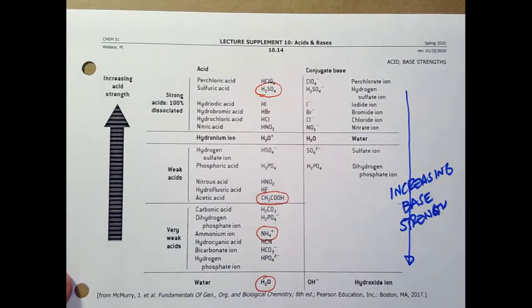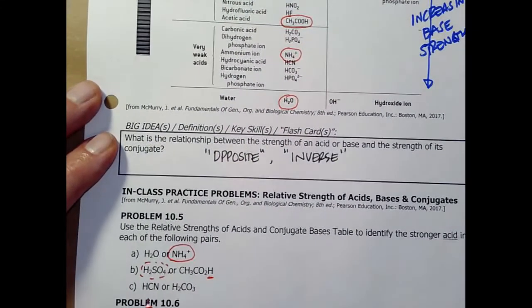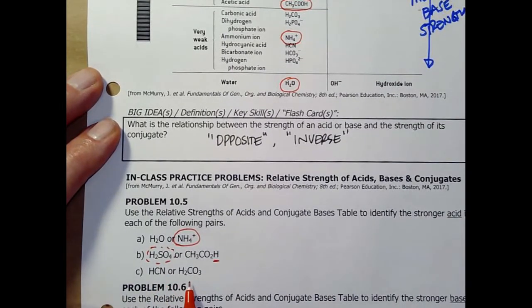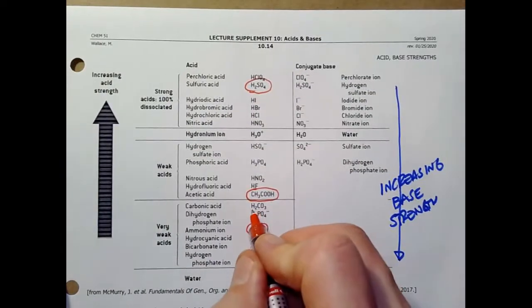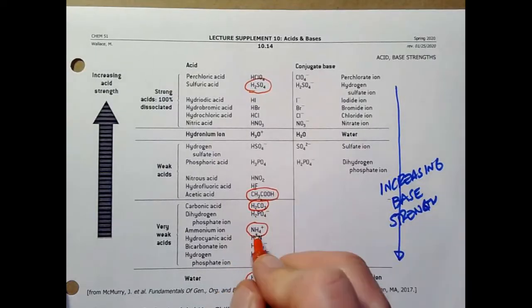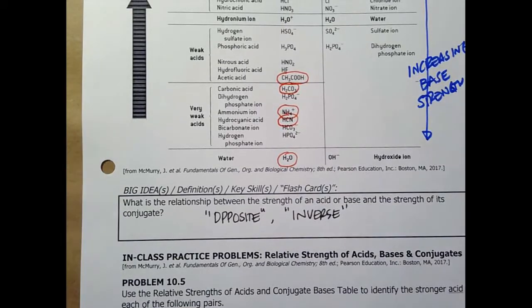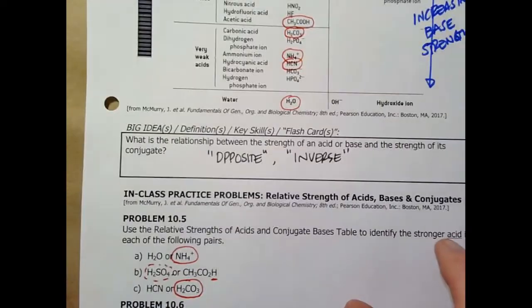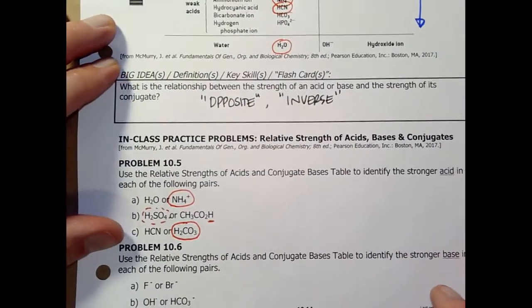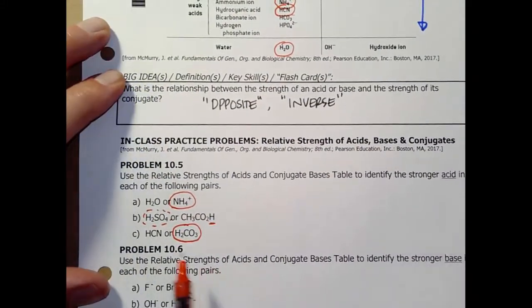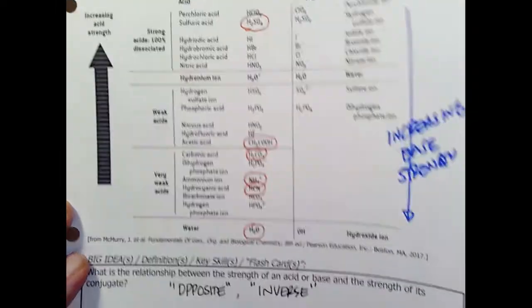There's our strong acid. HCN, H2CO3. Here's H2CO3, and here's HCN. H2CO3 is the stronger acid. So in the past we would have said, oh, that's weak, that's strong, that's weak. We wouldn't even have talked about water being an acid or a base. And there's ammonium. Now we know that's a weak acid. We have a way to sort those out from this list.